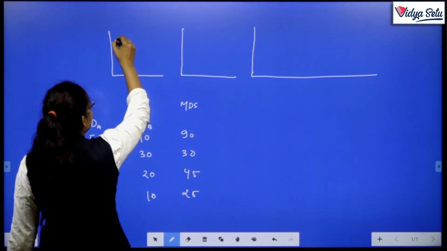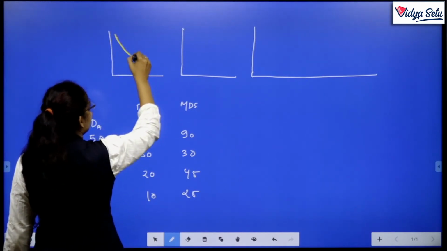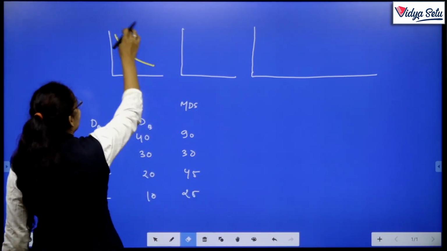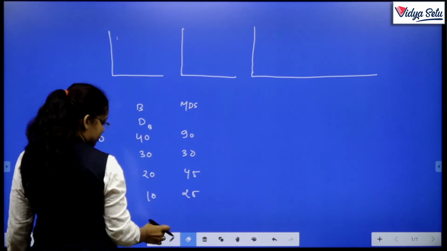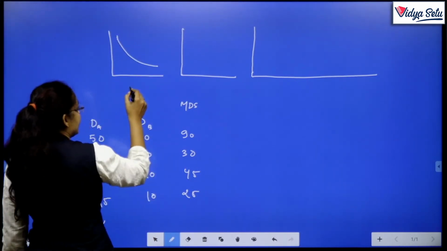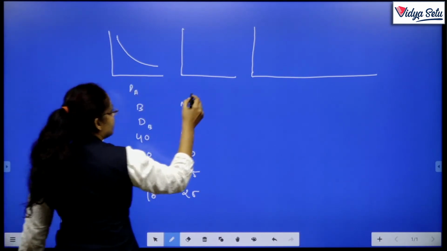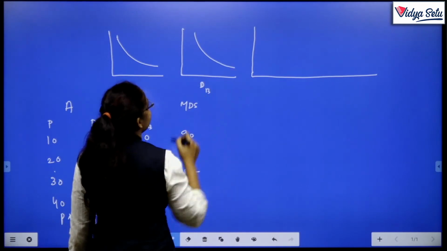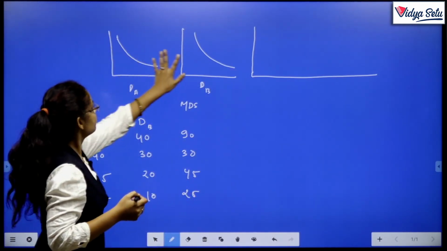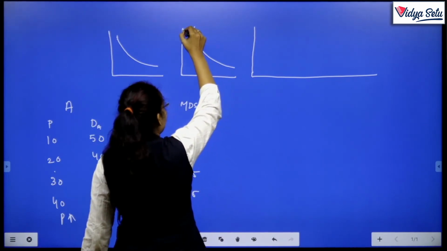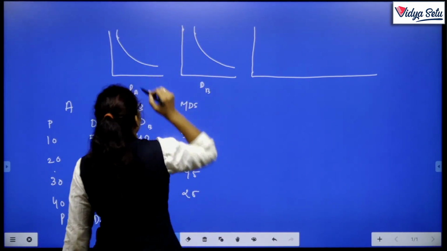So if the demand curve of A and demand curve of B, just leave a margin gap, and now we draw the market demand curve.